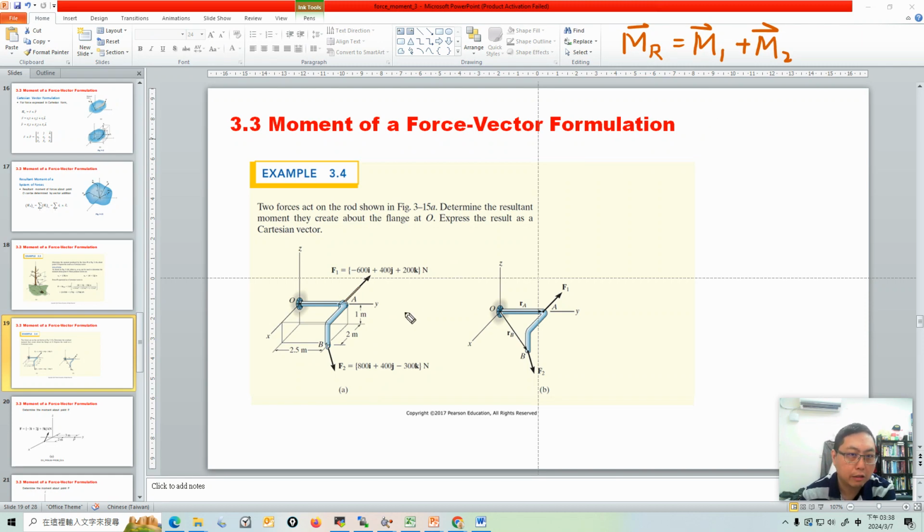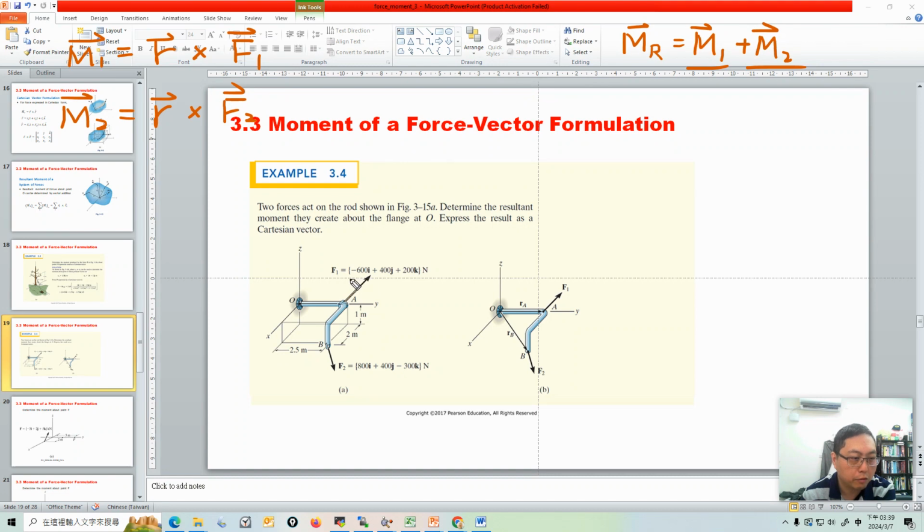The next thing is to figure out moment one and moment two. Moment one equals r cross force one, and moment two is the position vector cross F2.